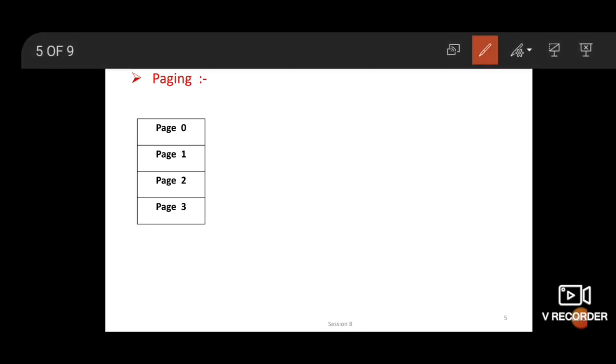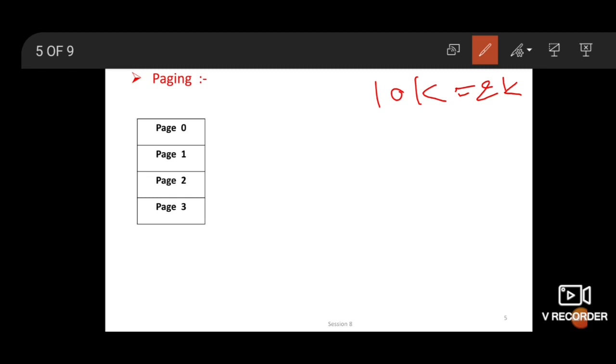Now see this diagram. One program or process is divided into same-sized pages. These are the process divided into same-sized pages. Suppose the program or process size is 10K and the page size is 2K.